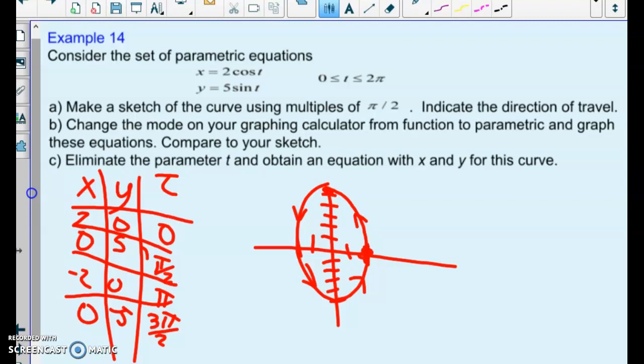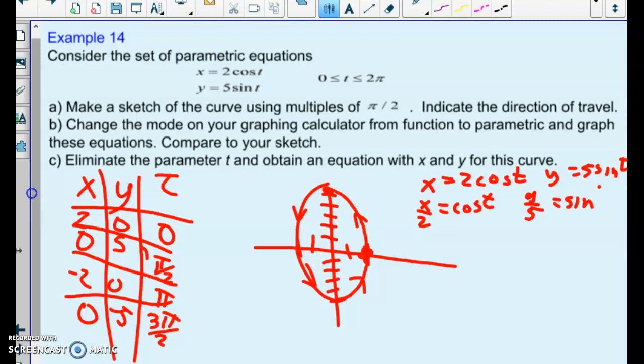We know that we have the equation x equals 2 cosine t and y equals 5 sine t. If I divide by 2 here, I get x over 2 equals the cosine of t, and y divided by 5 equals the sine of t.